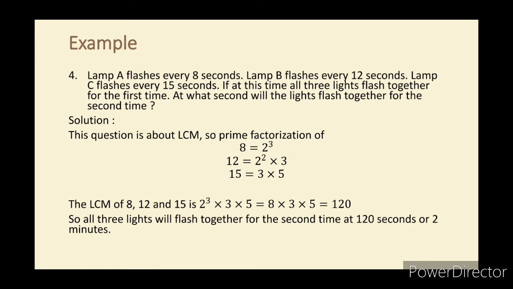So the LCM of 8, 12, and 15 is 2 raised by 3 times 3 times 5 equals 8 times 3 times 5 equals 120. So all three lights will flash together for the second time at 120 seconds, or 2 minutes.